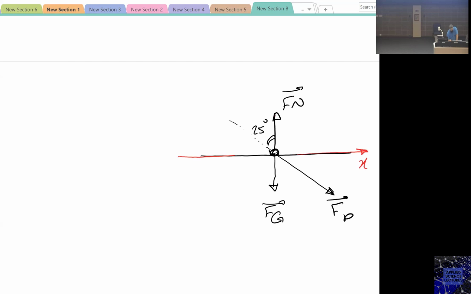X and Y. So this 25 degrees is between the vertical and the force. Now what's going to happen? This is my lawnmower. This lawnmower is going to move.